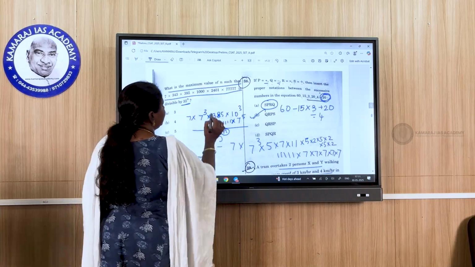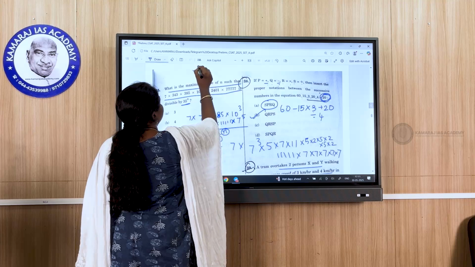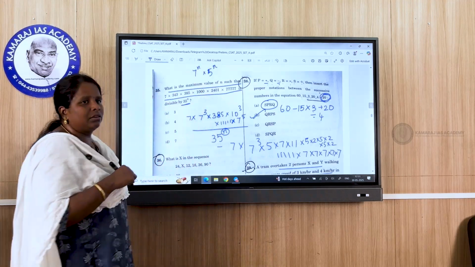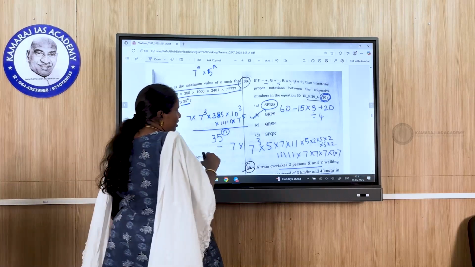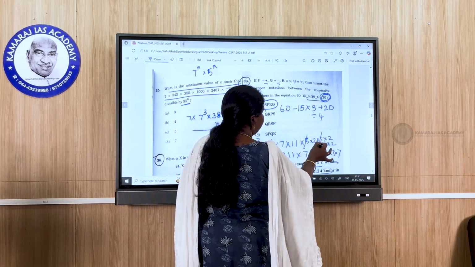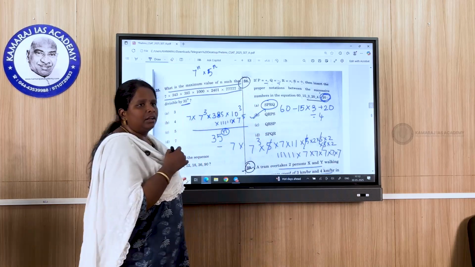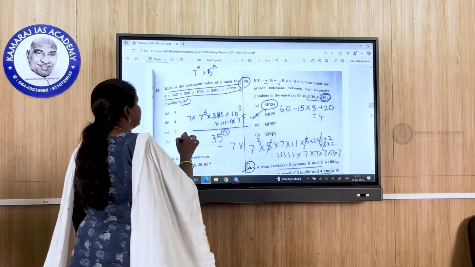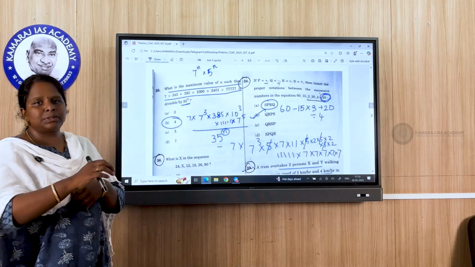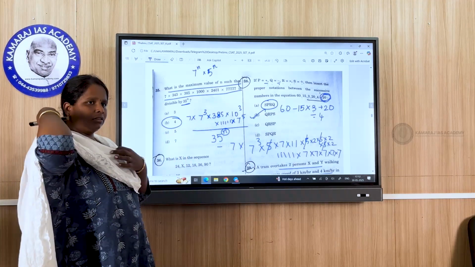Because for 35, I am taking it as 7 power n into 5 power n. Minimum power, right? So how many 5s do I have here? 1, 2, 3 and 4, right? So that much 7 also gets cancelled. So my answer is, n value will be 4. Split the number and cancel it. Clear?